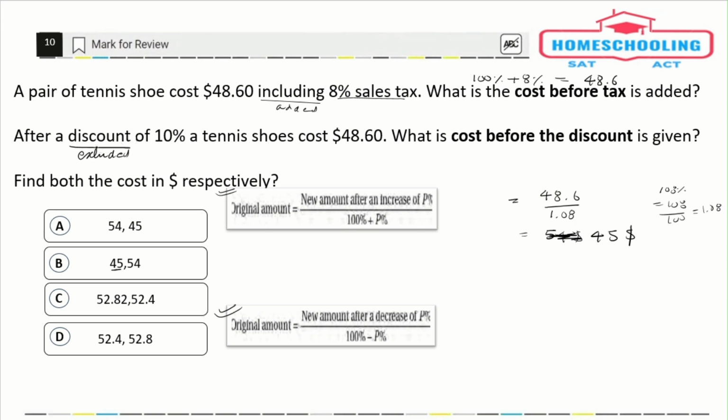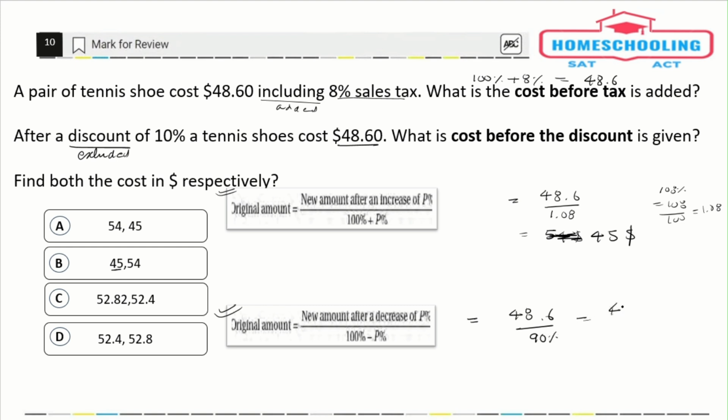And if something is discounted or excluded, then we will use this formula where 100 minus p%. So the original amount would be equal to the new amount, $48.6, divided by 100 minus p%. The discount percentage is 10%, so 100 minus 10, that would be 90%.